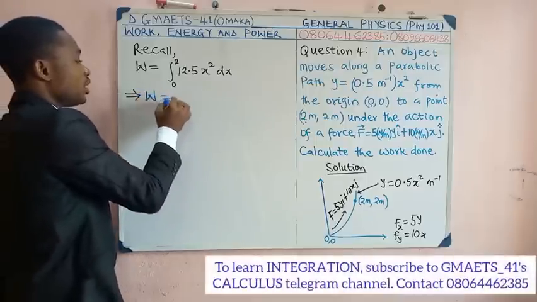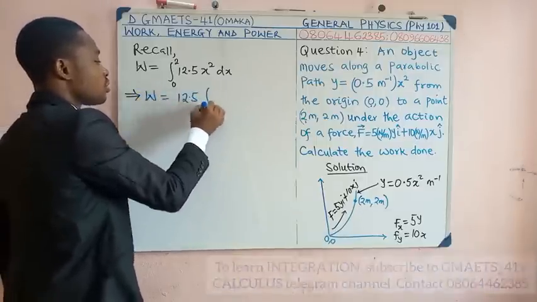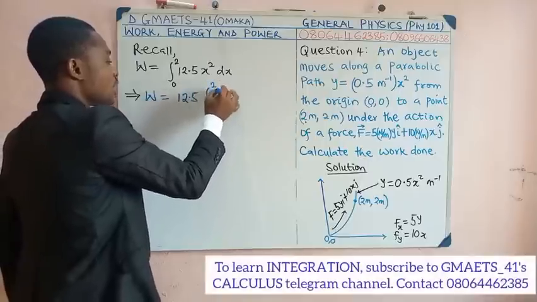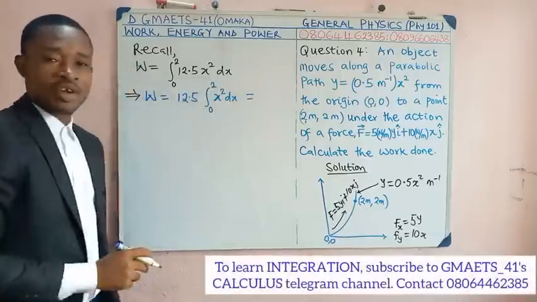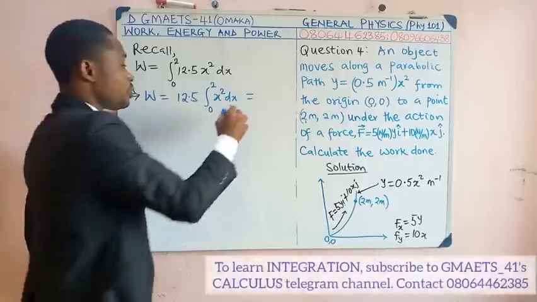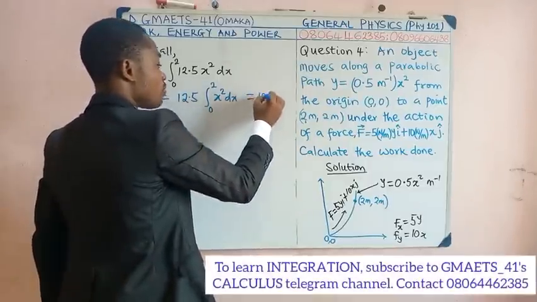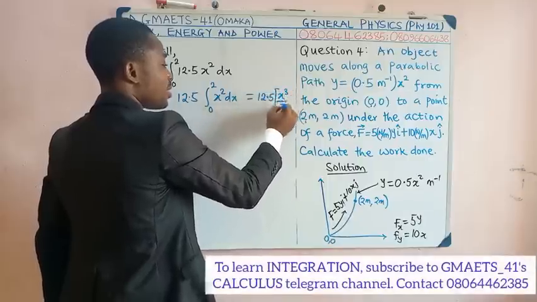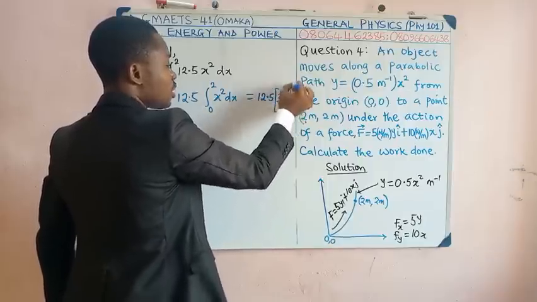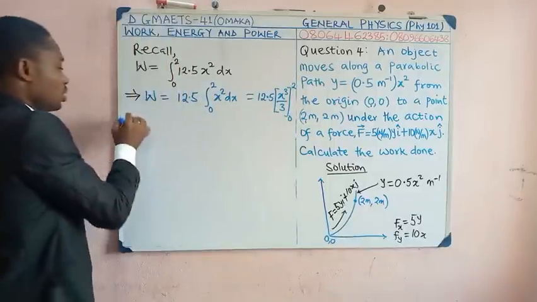W is now going to be 12.5, which is a constant, so it comes out of the integral sign. We have something like this. If you integrate x squared here, it's a polynomial function, so add 1 to the power, divide by the power. So this is going to give us 12.5, open bracket, x raised to the power 3 divided by 3, then the limit 0 to what? 2.